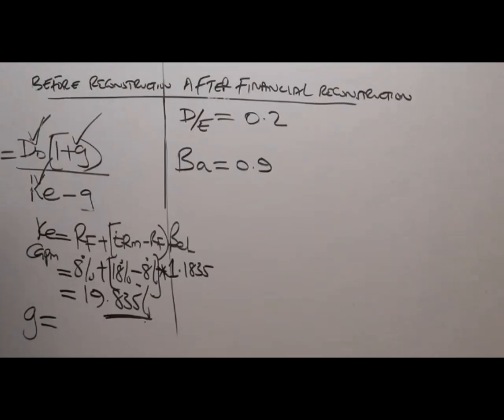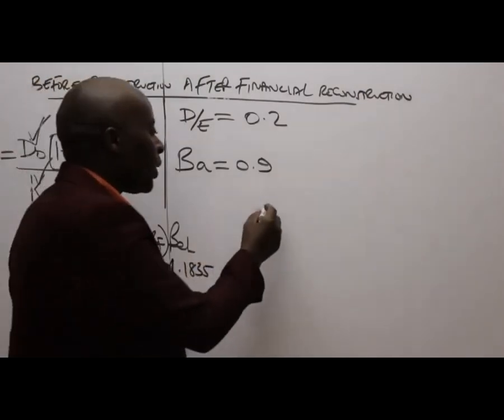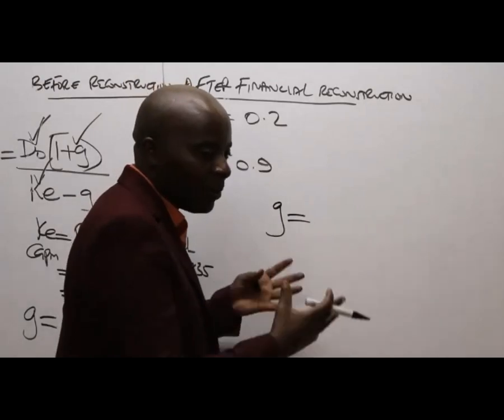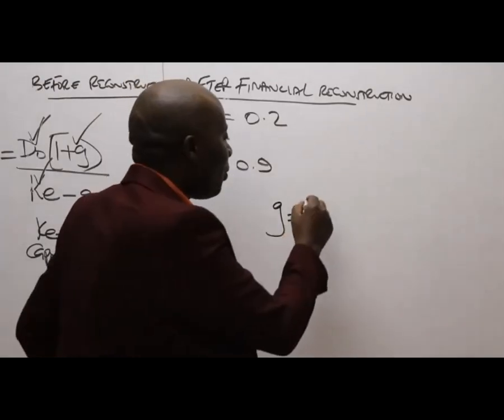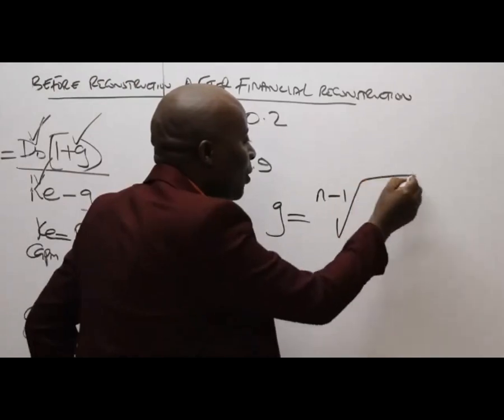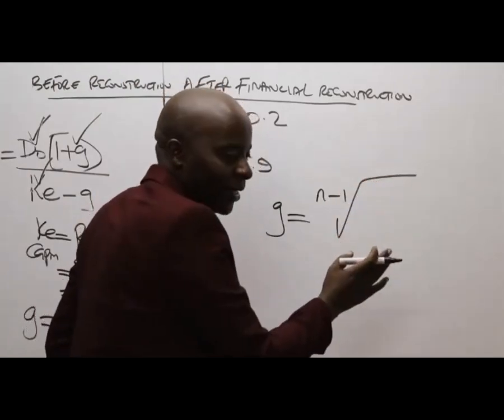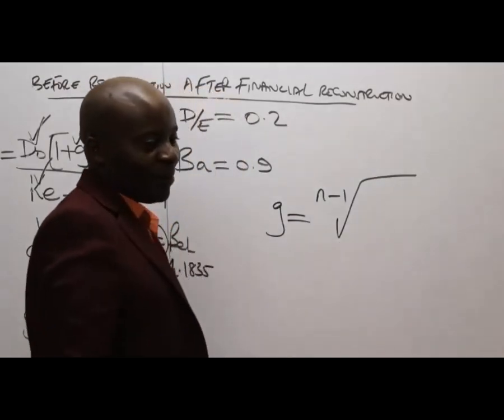Great. When it comes to growth rate, there are formulas you must have seen, like the n minus 1 root of something over something minus 1. That formula cannot be applicable here.